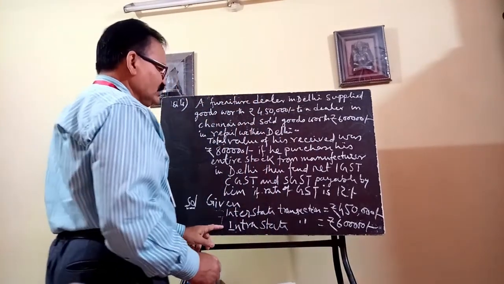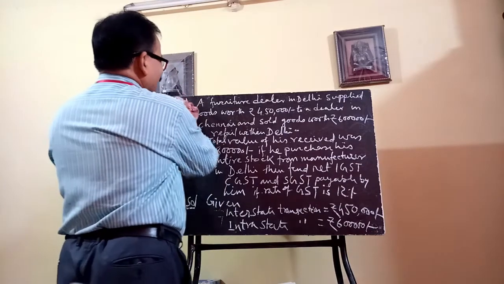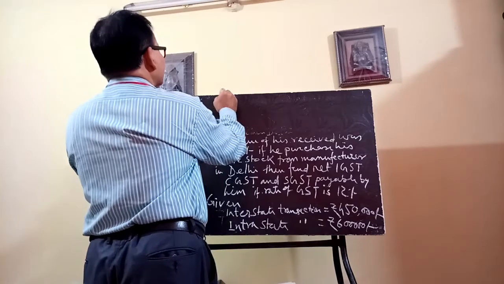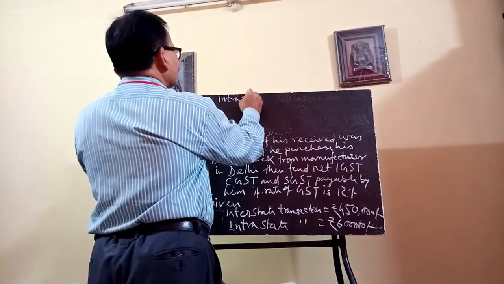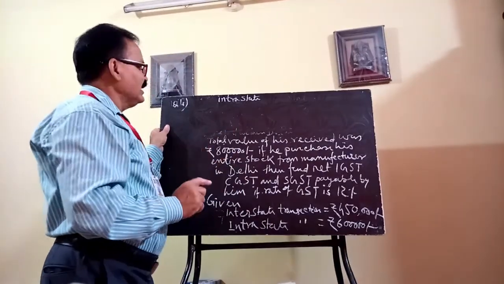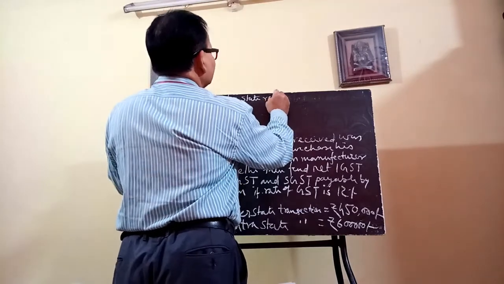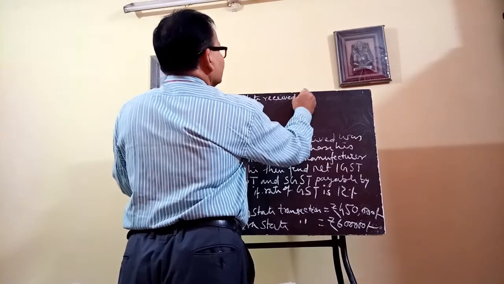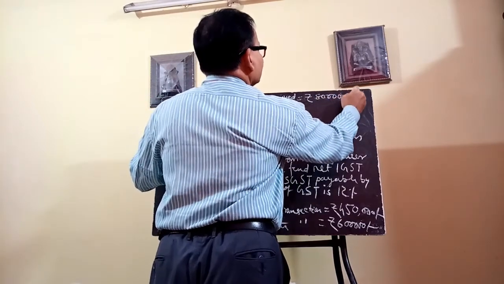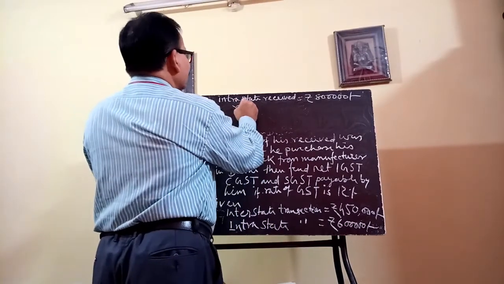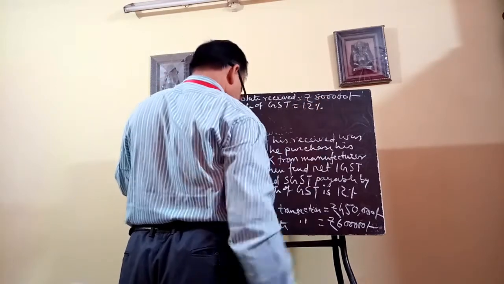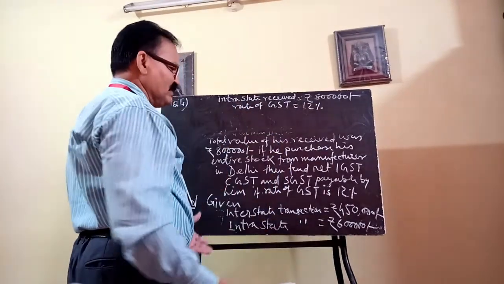Okay, these are the two. Now the value received is intrastate, because the manufacturer is also at Delhi and the dealer is also at Delhi. So intrastate receipt is of rupees 8 lakh. So these are the given data. Rate of GST is your 12%. So these are the given part.